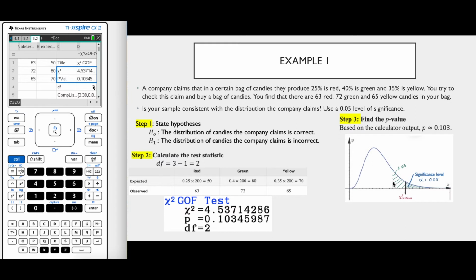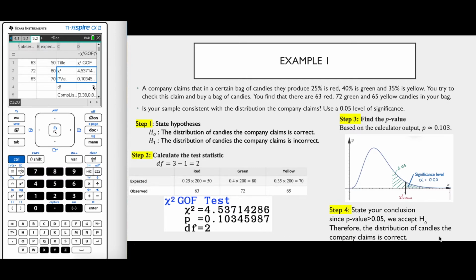So since it's bigger than our significance level, we are in this sector here. Therefore, we are going to be accepting our null hypothesis. So we are accepting that the distribution of candies does follow the given claim, which is 25% red, 40% green, and 35% yellow.